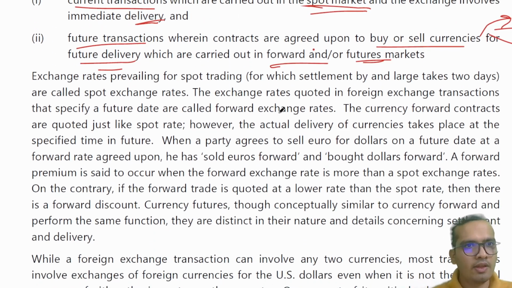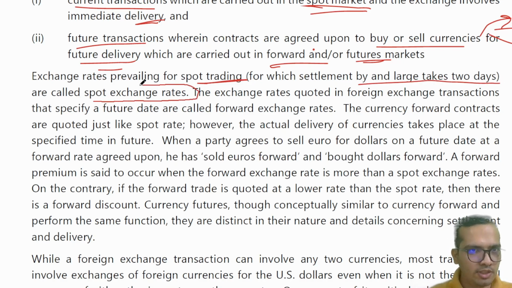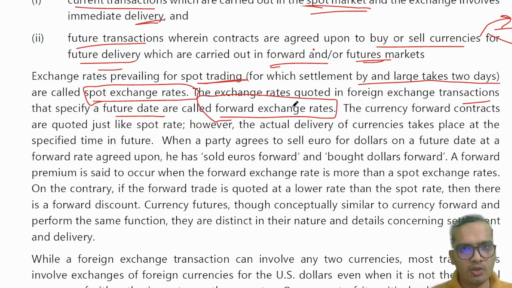Then comes the exchange rate prevailing for spot transactions, spot trading, for which settlement by and large takes 2 days, called spot exchange rates, meaning the immediate one. The exchange rate quoted in foreign exchange transactions that specify a future trade is called the forward exchange rate. So the rate for the future is called the forward exchange rate, and what is running immediately right now is called spot. So currency forward contracts are quoted just like spot rates.